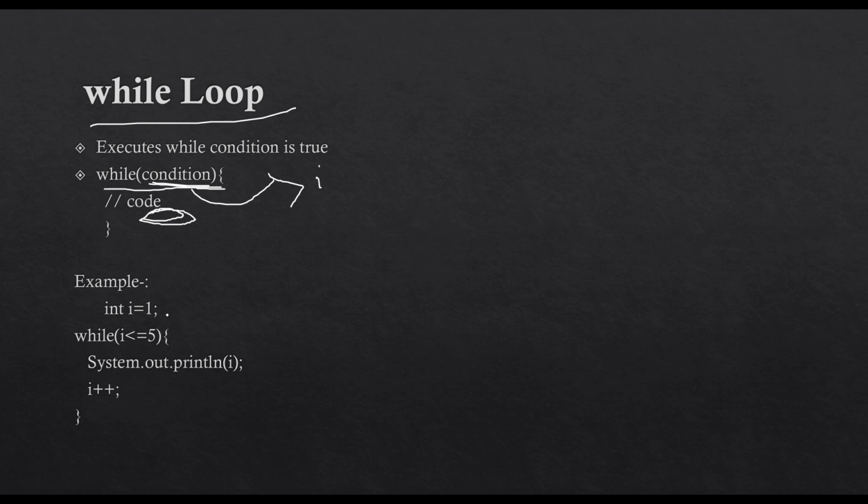See an example. Suppose I assign i as 1, and if my i value is less than or equal to 5, I allow it to print and increase the value by 1.